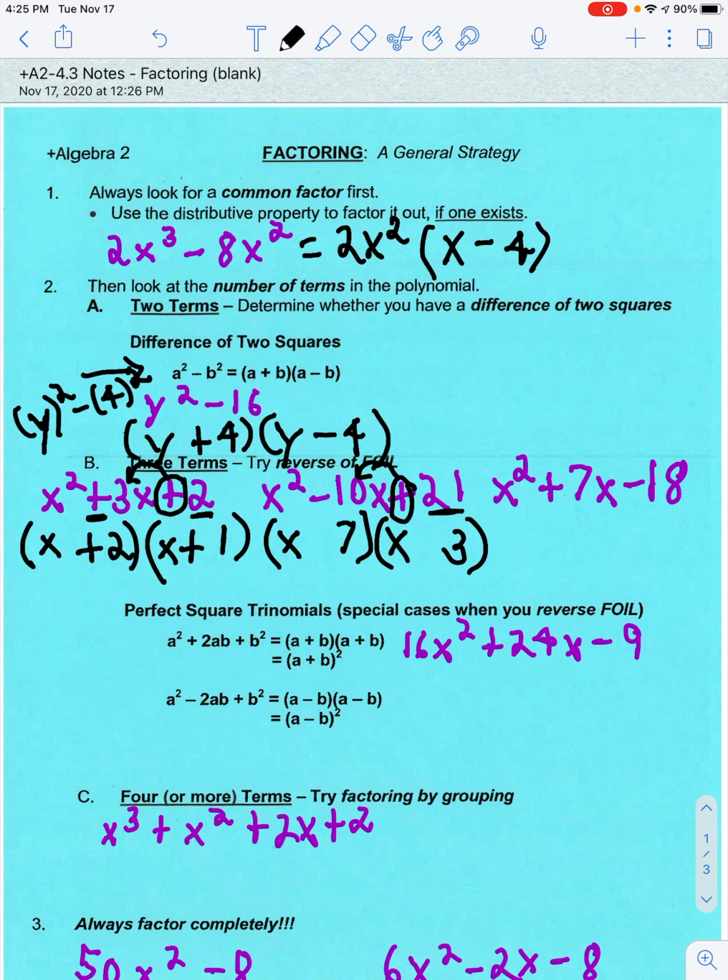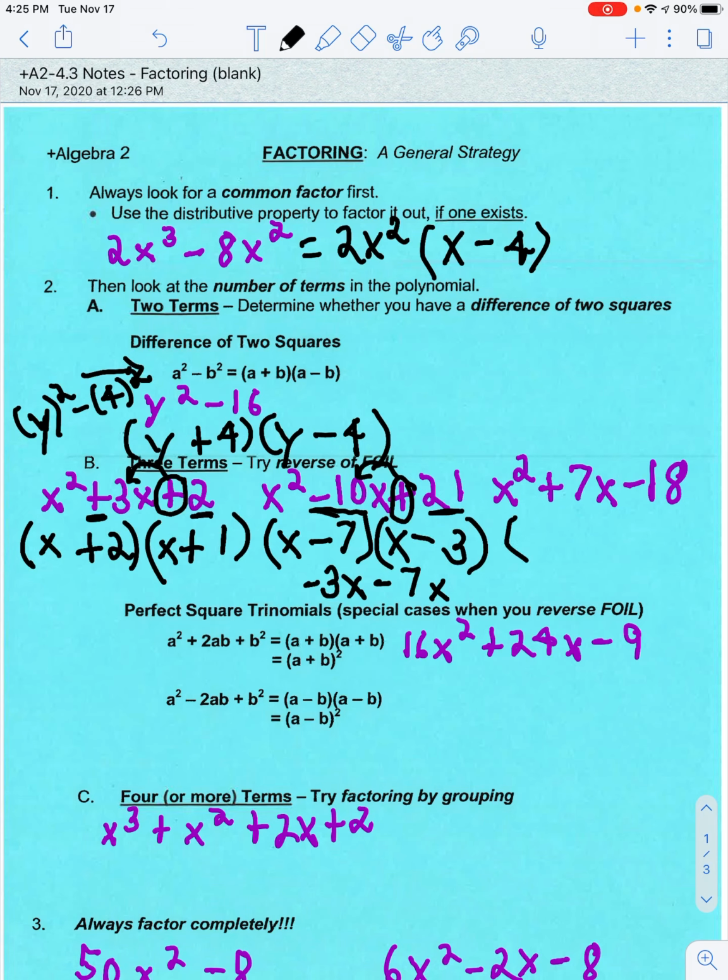Now, it is a negative 10, and that means since both signs have to be the same to give me a positive 21, they both have to be minus. That way, the outside product is negative 3x when I do FOIL, and the inside product negative 7x, and then I get negative 10x.